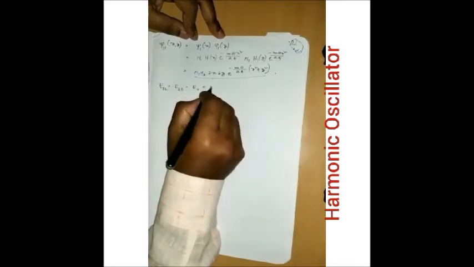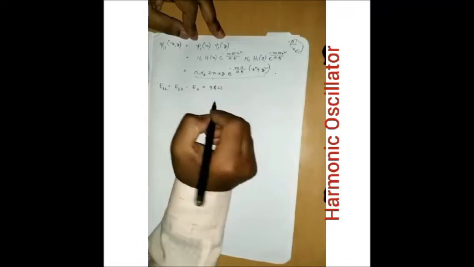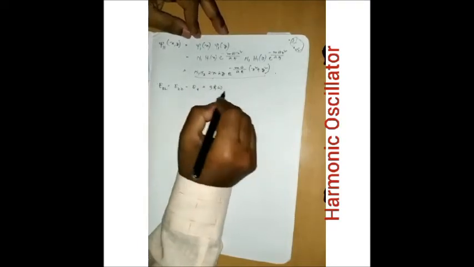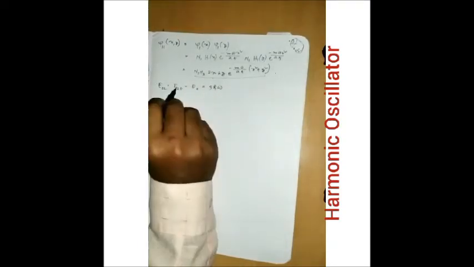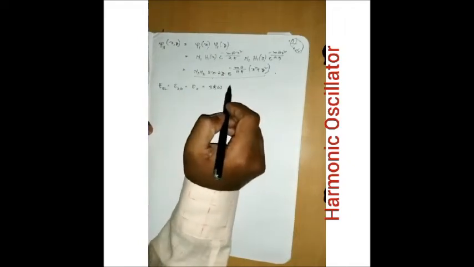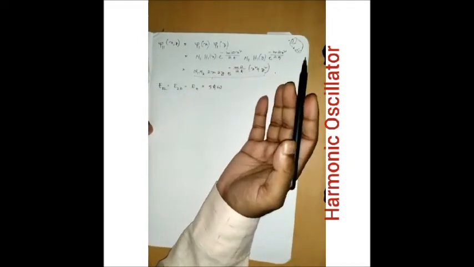We got 3 h cut omega. Is it 3 h cut omega? So corresponding to this energy level, we are getting three different wave functions.